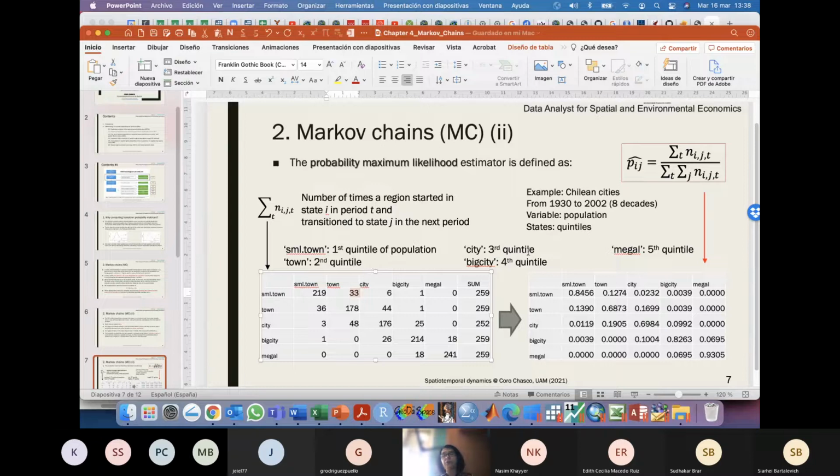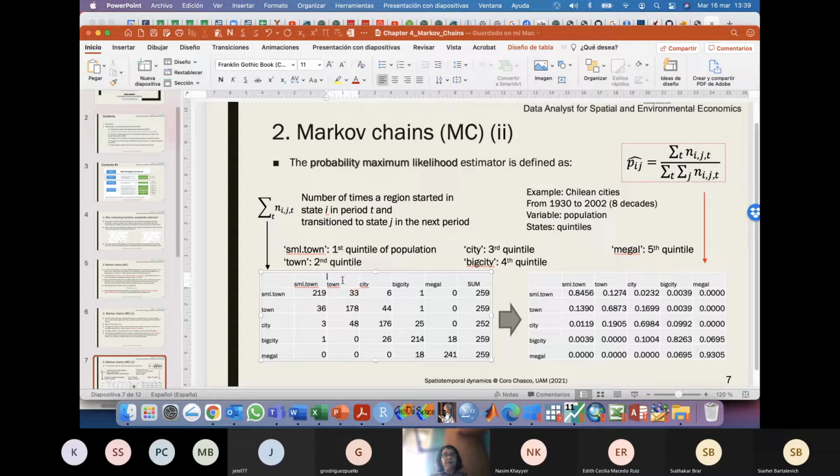In the third quintile we have cities, in the fourth quintile the big cities, and in the fifth quintile the megalopolis. It's a way of giving a name to make interpretations easier. It is not always possible to give a name, but why not? It could be valid to do that.